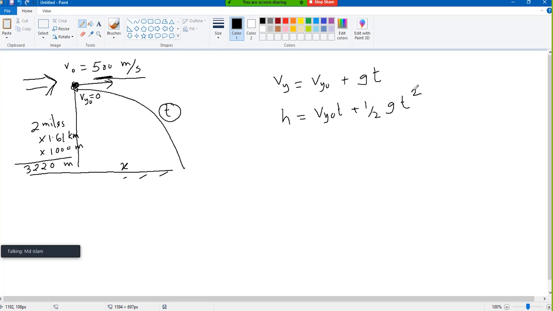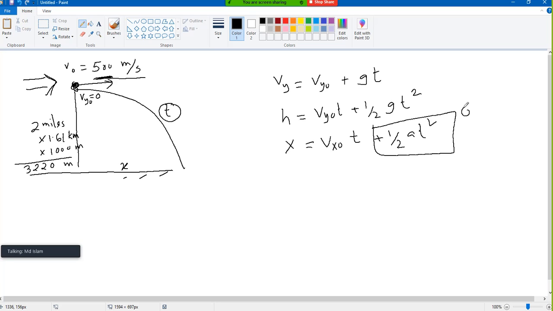There are a lot of different equations. In the x direction, it is Vx naught times t plus half a t square, and in the x direction the acceleration value is 0.